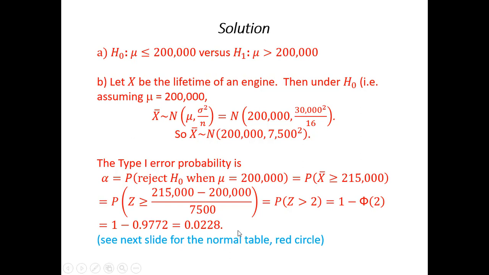So that would be the probability of making a type 1 error. Okay, so this would be our chances of rejecting the null when the null hypothesis is true.